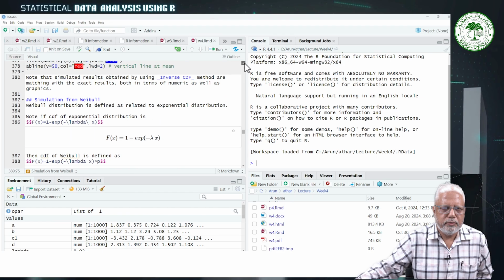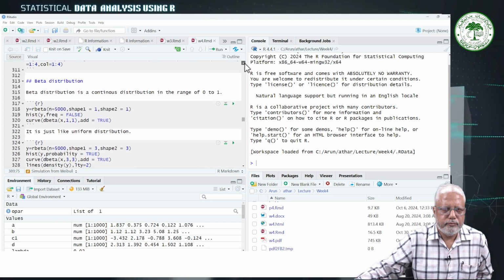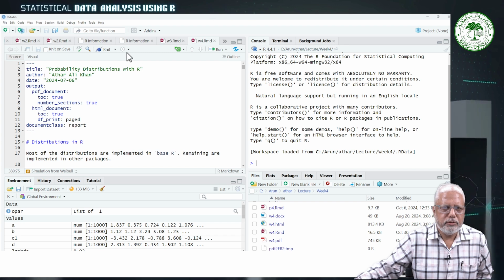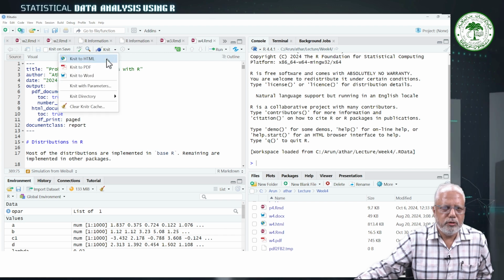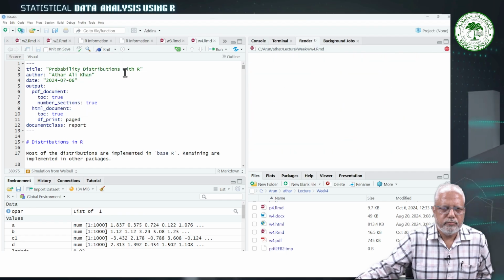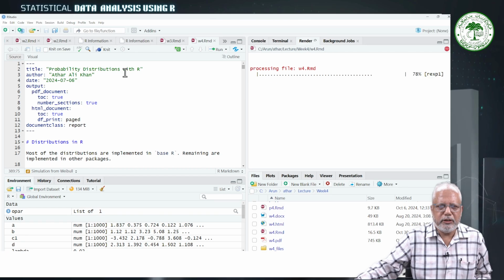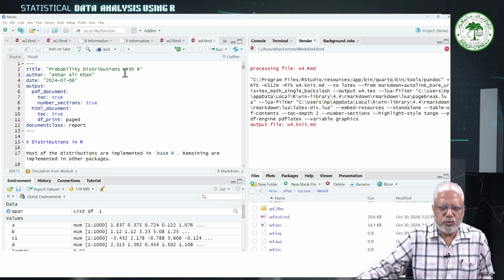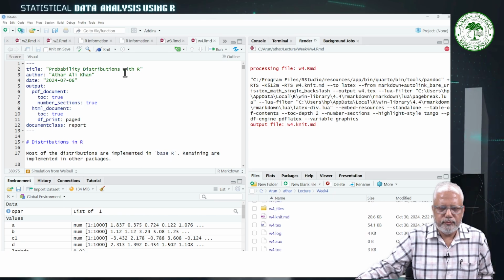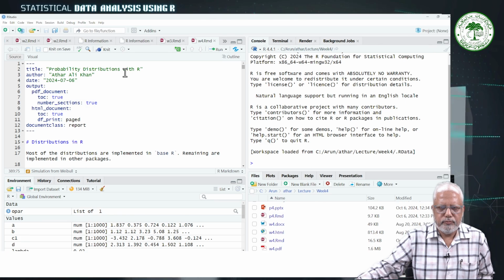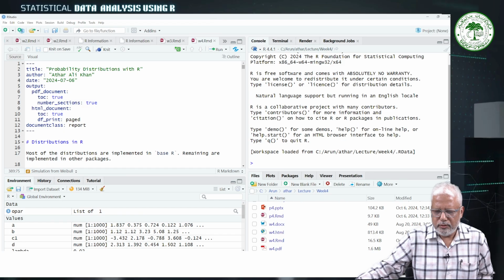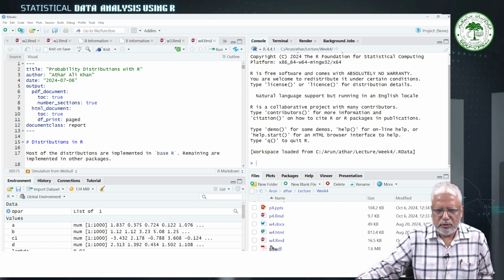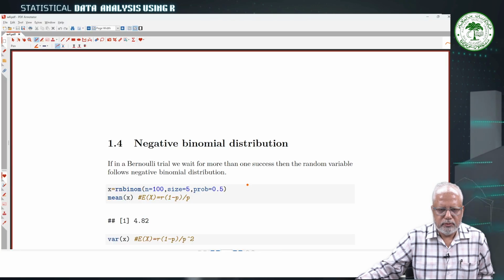So I will run the new code and we will make use of the knit button, and we are making a PDF document from the source code. See, now I am opening the document.